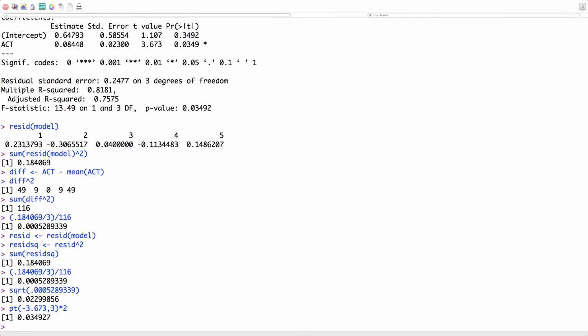I get my p-value of 0.034927. Rounded to 4 places, we get the same value as up here.